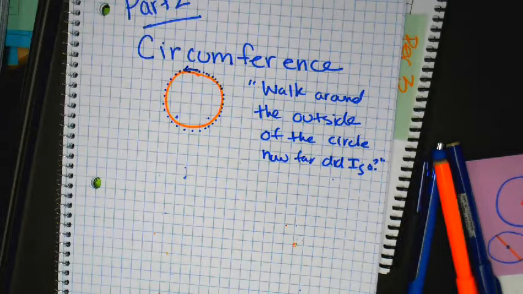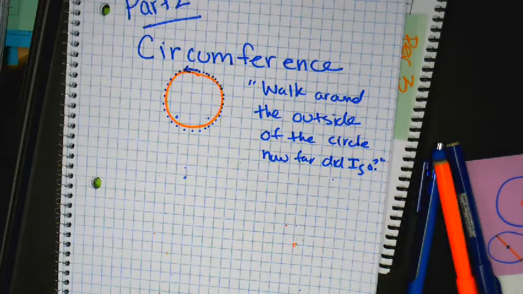What does that remind you of when you walk around the outside of a shape? What do we usually call that? Perimeter. So this is a fancy way to say perimeter. Circumference is like perimeter, but for a circle.